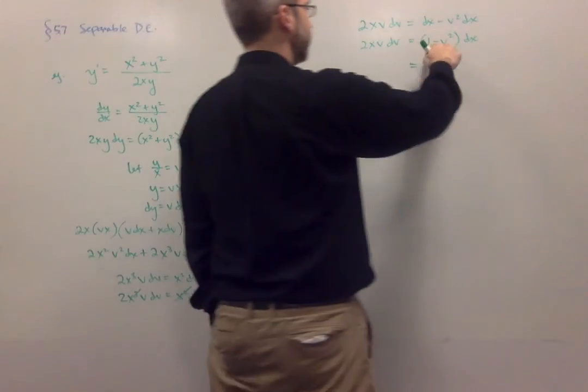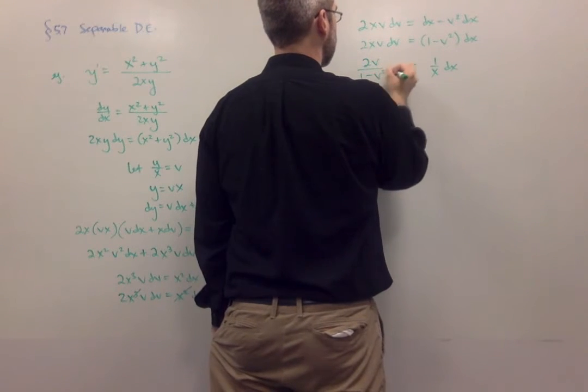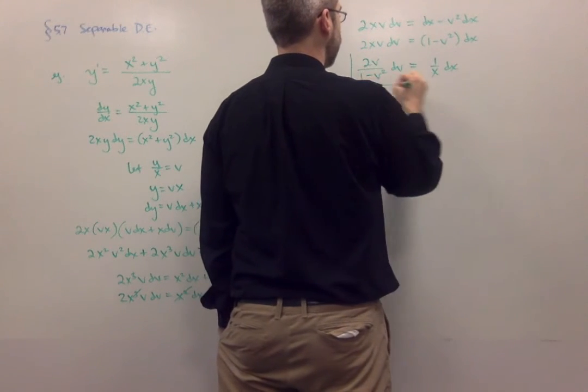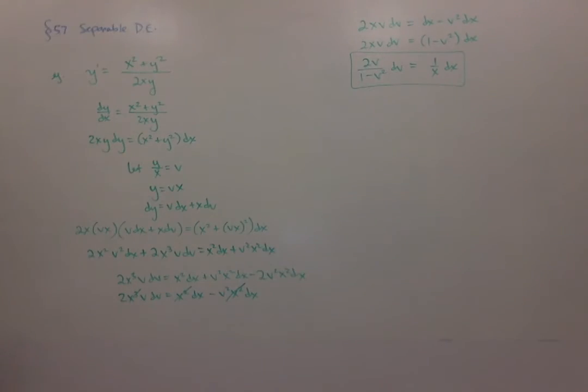And the 1 minus v squared over here, dv, and suddenly again I end up with a separable differential equation. That's the beauty of this. Now it looks ugly getting there, but we end up at least at a separable differential equation. So we get to the point where we can actually do this.